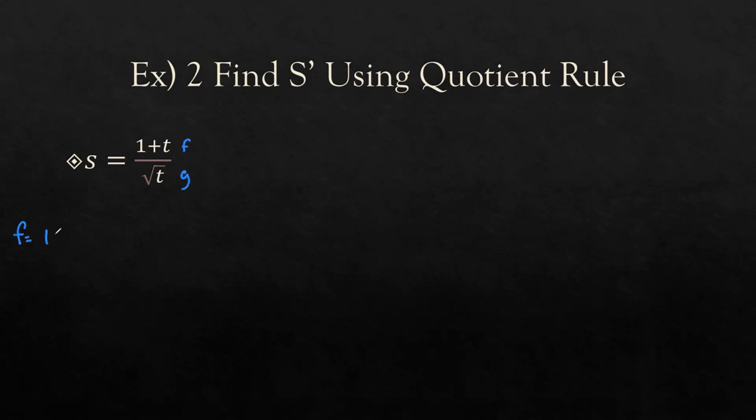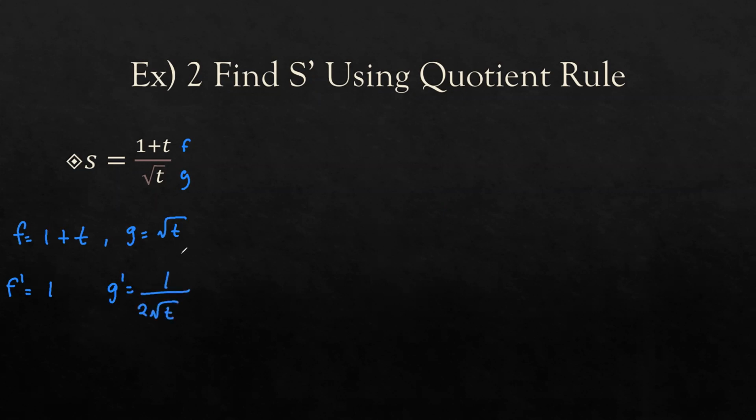So f is 1 plus t. F prime is 0 plus 1, since the derivative of 1 is 0 and the derivative of t is 1. And g is radical t. G prime is going to be 1 over 2 radical t.